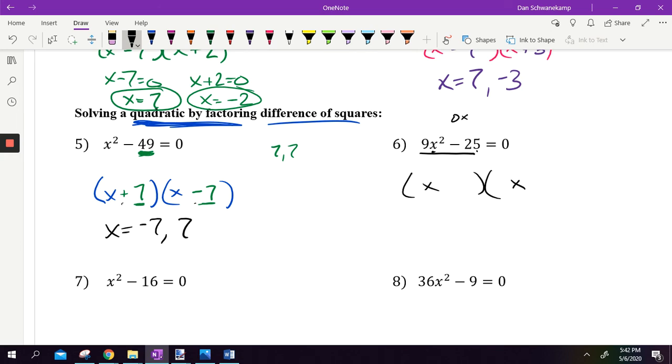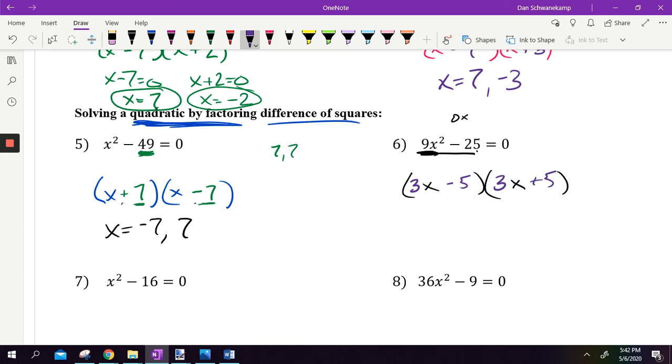Now, a little bit of a difference here is it's not just x squared, it's 9x squared. Well, what would multiply together to get 9x squared? Well, 3x times 3x, that would get me 9x squared. And then there isn't a middle term, and the two other numbers need to add to get 0, or multiply to get -25. So how am I going to do that? -5 and +5.